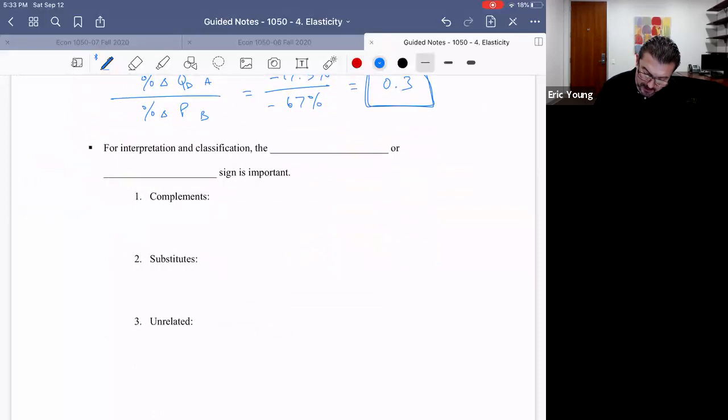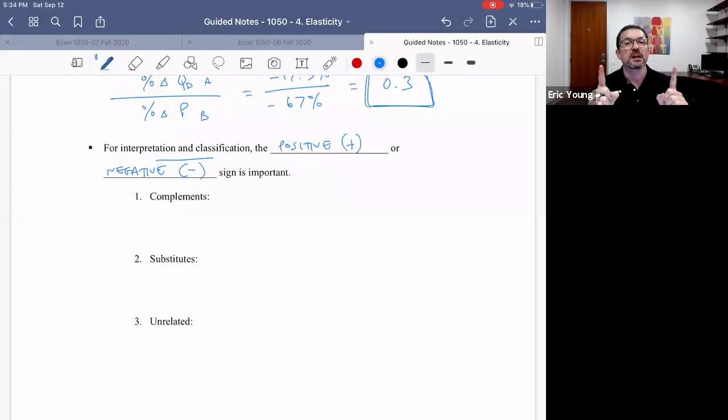Well, once again, to interpret and classify this data and understand these coefficients, the positive and the negative signs are important. So don't throw them away. The basic idea behind cross-price elasticity is that it's going to allow us to determine if two particular goods are substitutes or complements or unrelated.